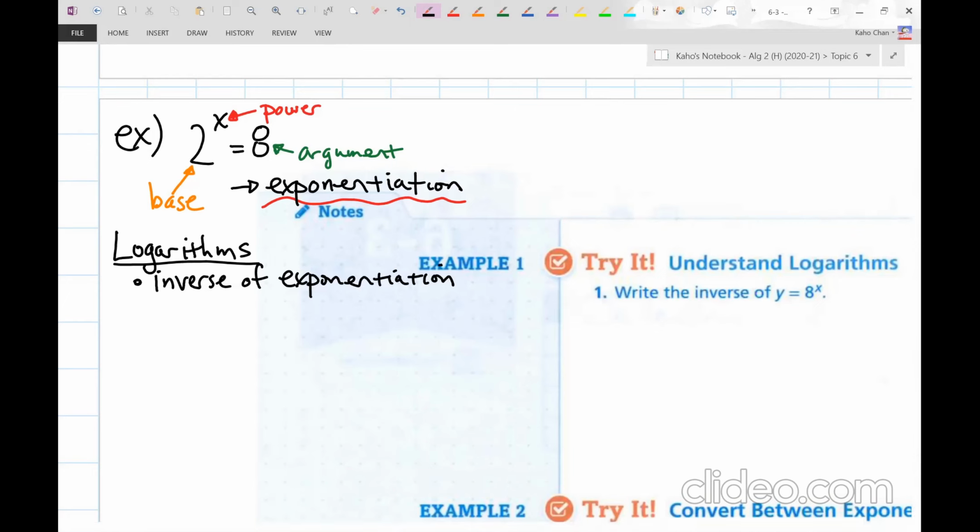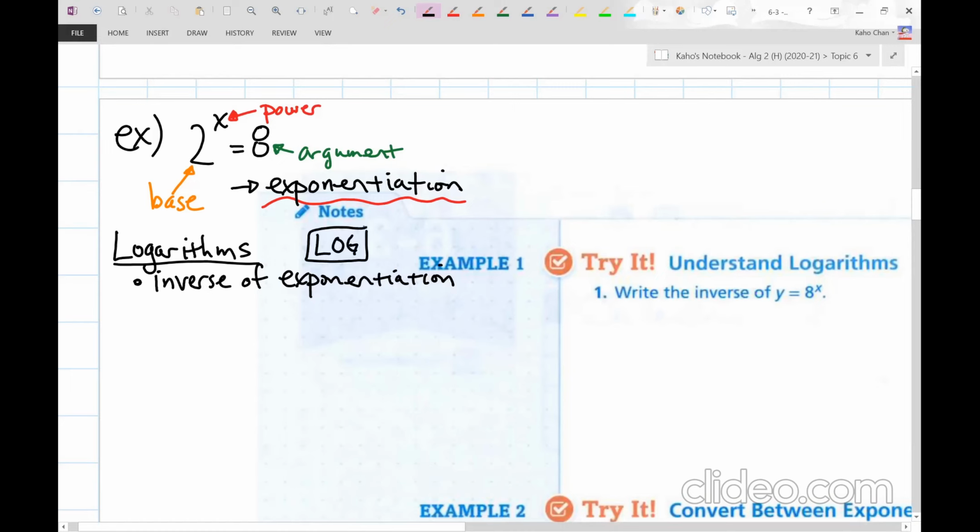Nowadays, they're built into your calculators. Before these fancy calculators, we had something called log tables, short for logarithm tables, and you could look up an answer. Those numbers are built into the calculators now. You just have to look for the LOG button on your calculator.